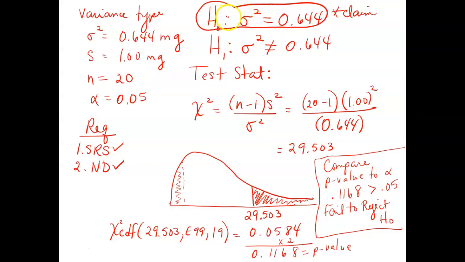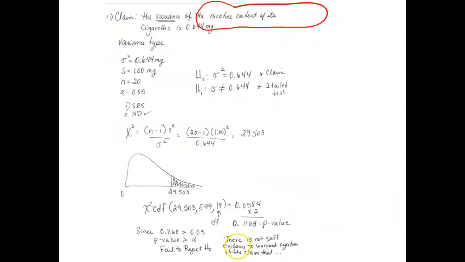So what we'll say is there is not evidence to warrant rejection of the claim because the claim is our null hypothesis. And that would be our statement for this one here. It's written out here: there is not sufficient evidence to warrant rejection of the claim that the variance of nicotine content of its cigarettes is 0.644 milligrams.